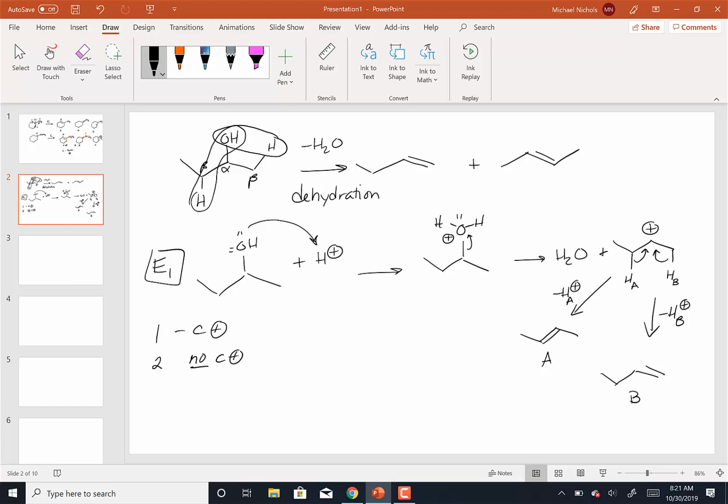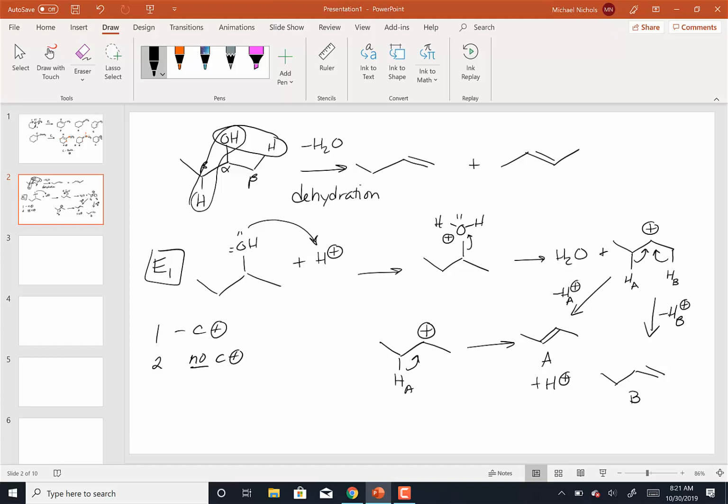Now, was everybody able to write the transition states for losing the H+? So the transition state, let me write the transition state for forming A. So I'm going to lose HA to give me my final product, and my final product would have then an H+ with it.